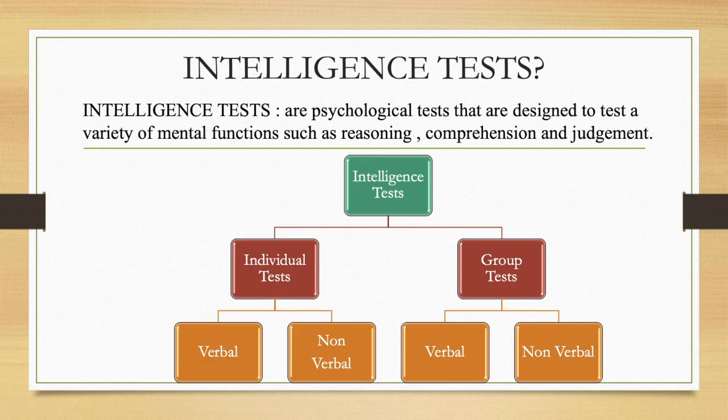While the non-verbal tests would not require any language, they would require the manipulation of patterns, understanding the patterns and decoding them. That would be the part of non-verbal tests. As far as Raven's is concerned, it is a non-verbal group test.